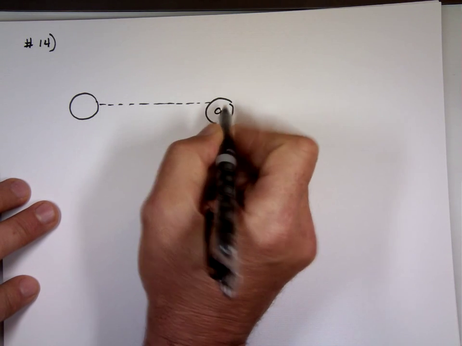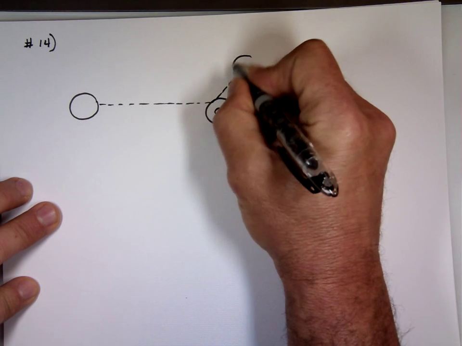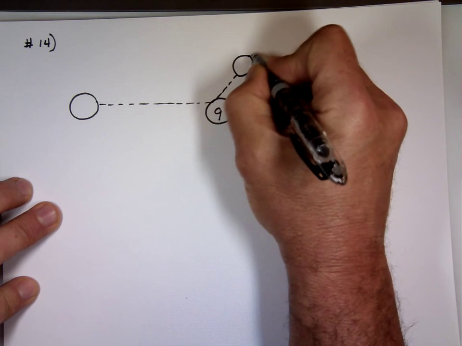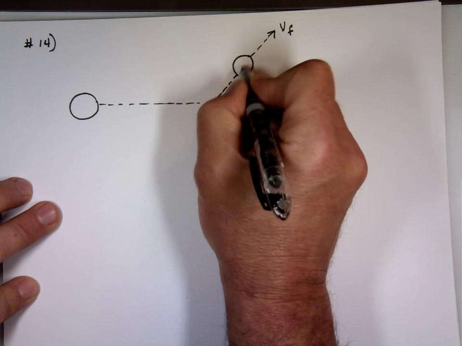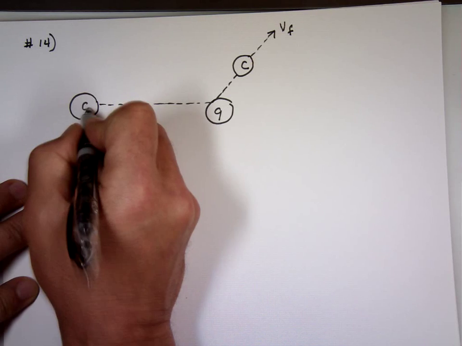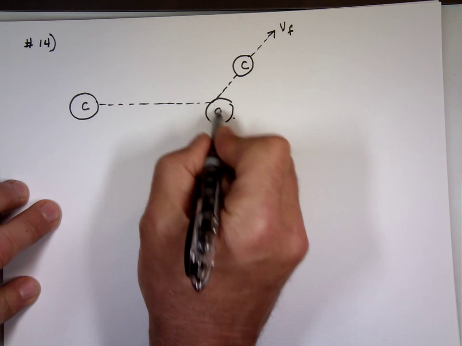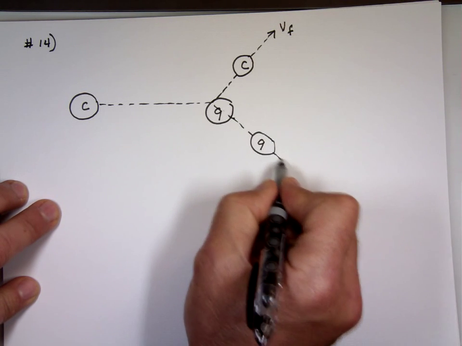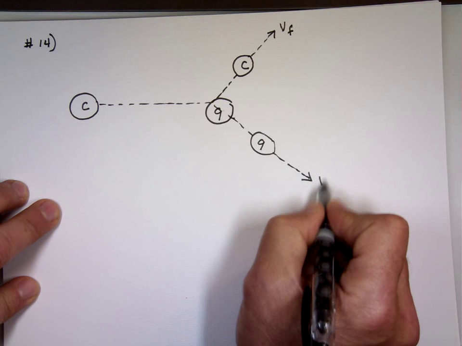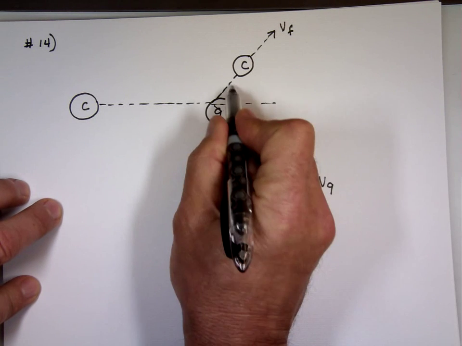The cue will go in this direction with the velocity of VF, we'll say C for cue. And the number 9 is going to go in this direction. We'll call it V9.